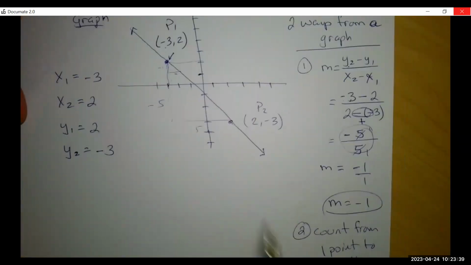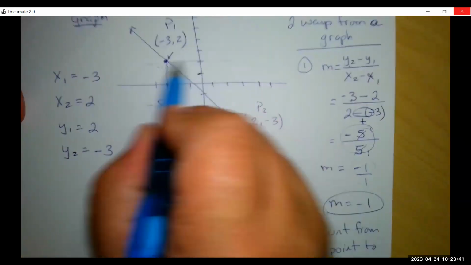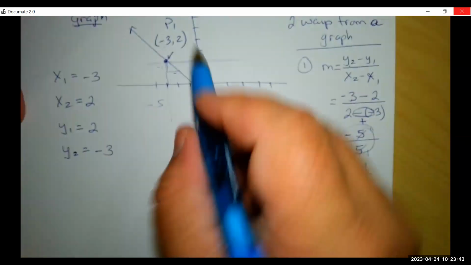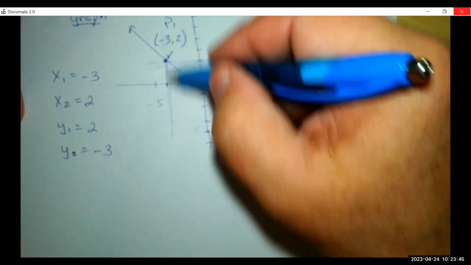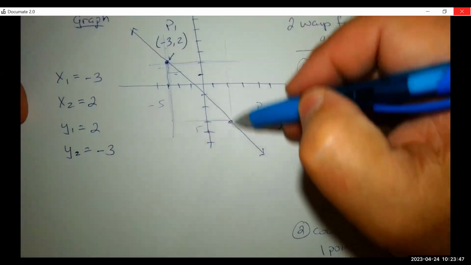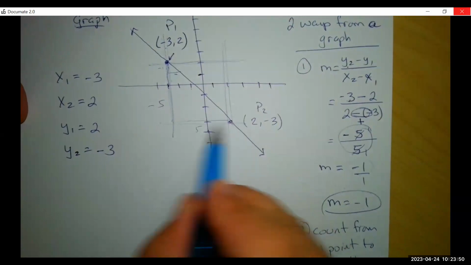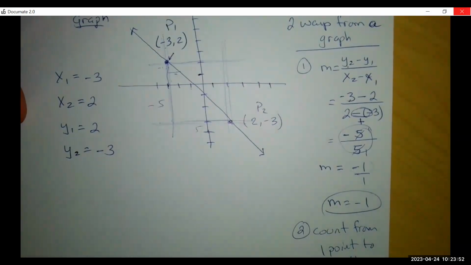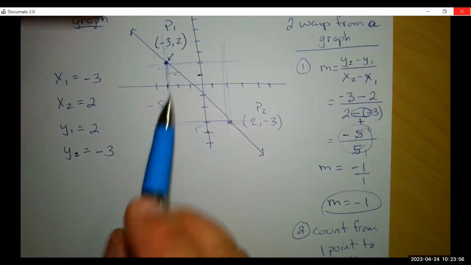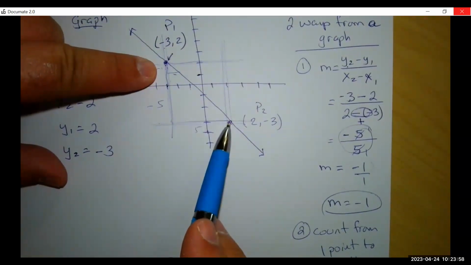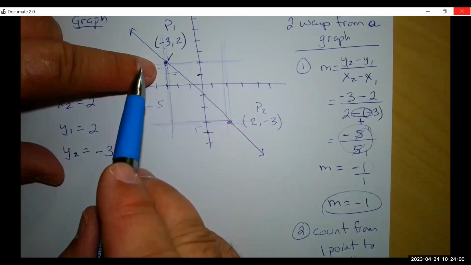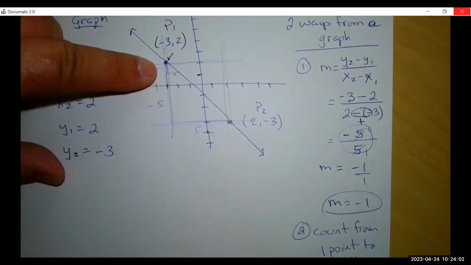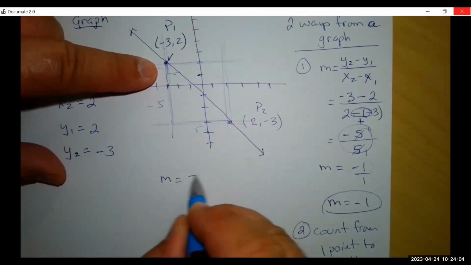The way you do this one, make a box, draw a horizontal line through that one and a vertical line. Draw a vertical line and a horizontal line to that second dot. Because I want to go from this dot to this dot. So do I go up or down? I go down, so the slope is negative.